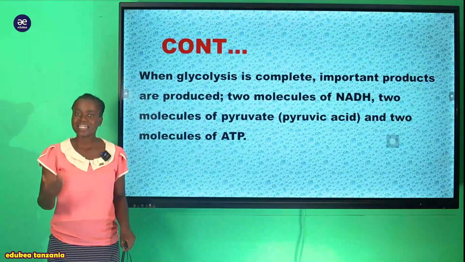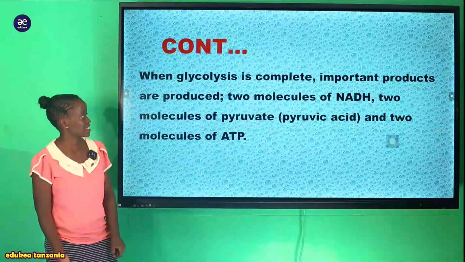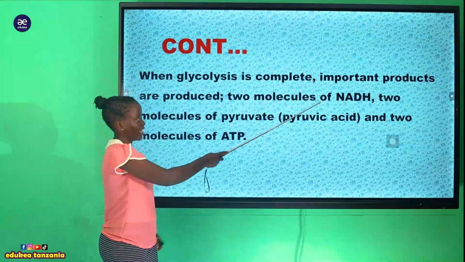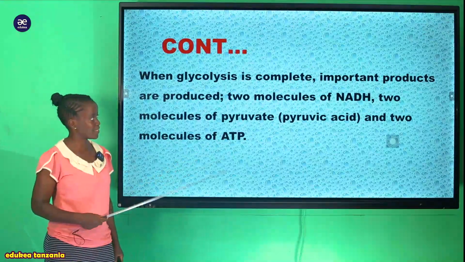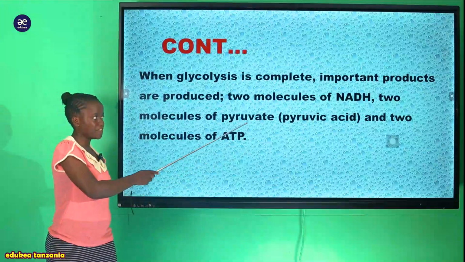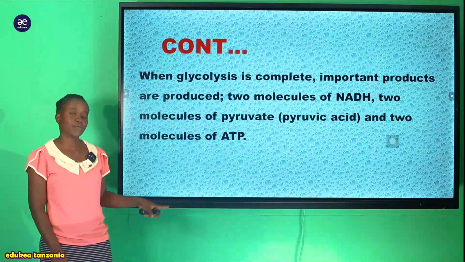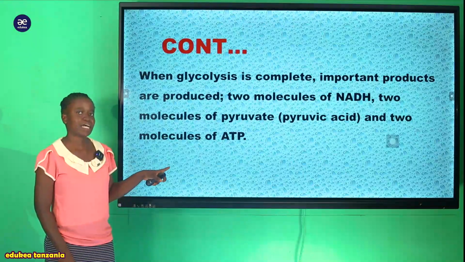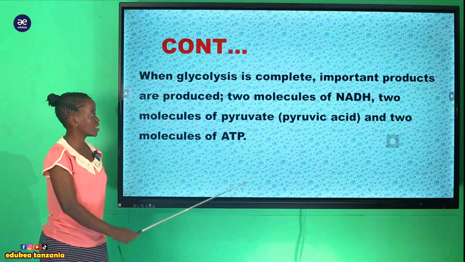So our result now after the process of glycolysis, the first one we have seen is the 2 molecules of ATP. So tumepata 2 molecules of ATP, the NADH, and 2 molecules of pyruvate baada ya kuondoa phosphate group kutoka kwenye ile 3 carbon sugar. And also tukapata 2 molecules of ATP.